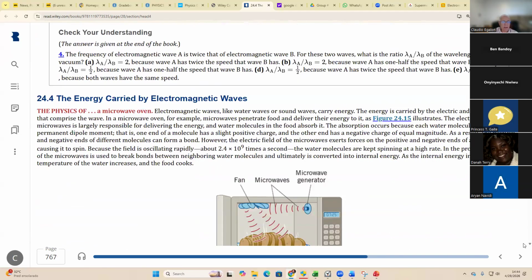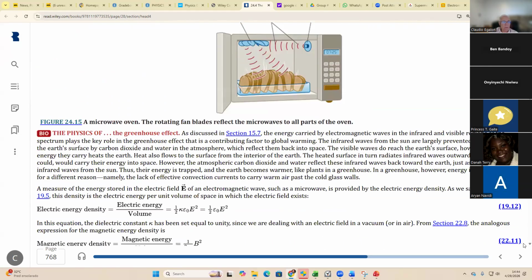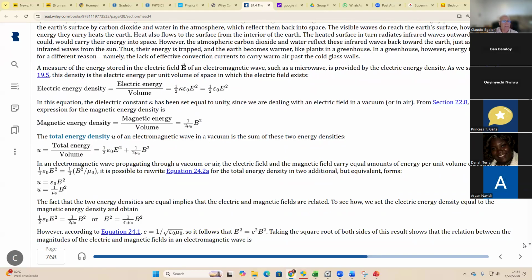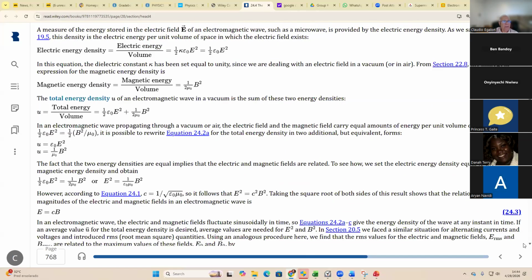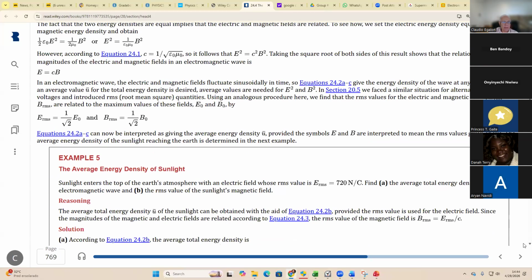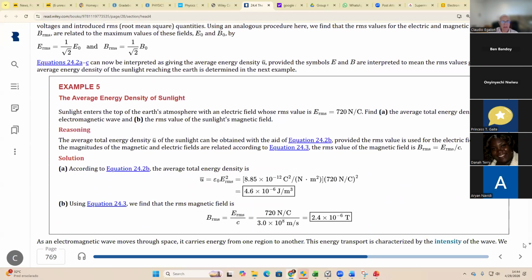Energy carried by electromagnetic waves. We worked that out. Okay, and average energy density, the root mean square.